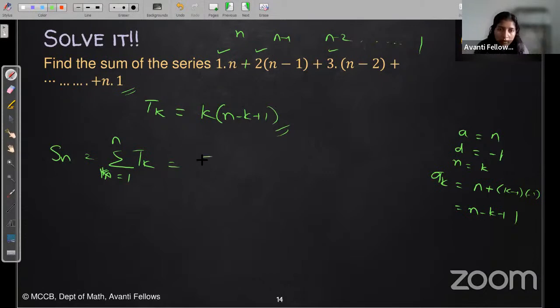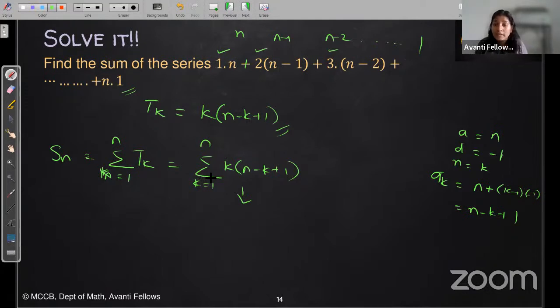So this is equal to summation k equal to 1 to n of tk, which is k into n minus k plus 1. Fine. Further procedure is easy. Just multiply it and use the property of summation here, meaning split that summation and you will get the value of the sum of the series.